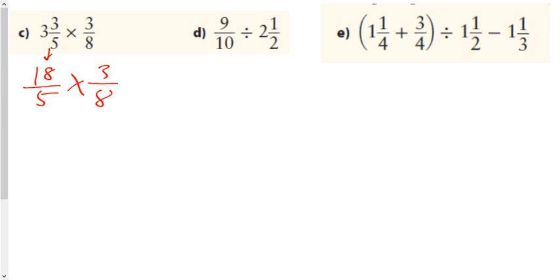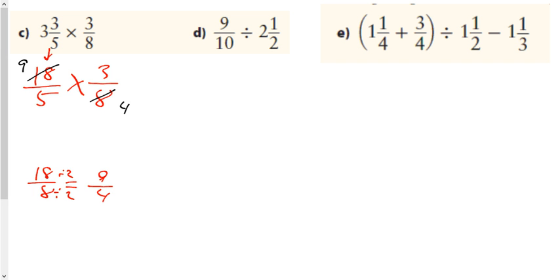Can you cross-reduce? Yes, you can. If I consider 18 over 8, what would 18 over 8 have been in lowest terms? What's divisible into both 18 and 8? 2 for sure. 9 over 4, is that lowest terms? Yeah. So this 18 over 8 can reduce down to 9 over 4, right?